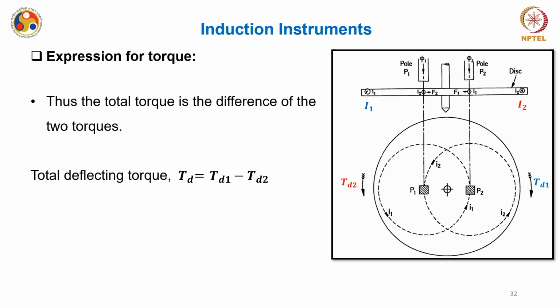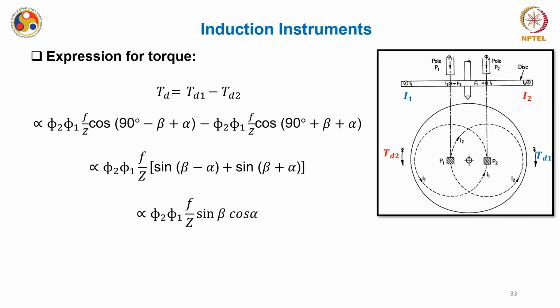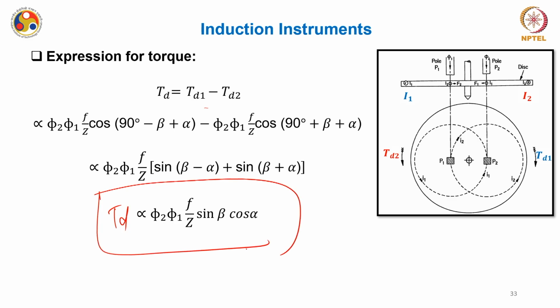So the total torque is basically the difference between the two torques that we have just calculated from expression 7 and expression 9. So the total deflection torque TD is equal to TD1 minus TD2. If I put TD1 and TD2 from the two expressions and simplify, I will get this TD as directly proportional to phi 2 into phi 1 into F by Z sin beta into cos alpha.